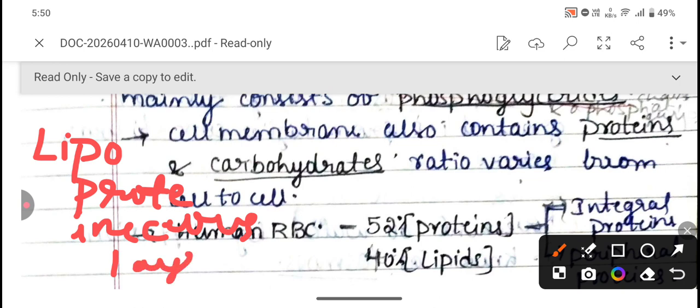The lipid, protein and carbohydrate composition in the cell membrane varies depending upon the type of cell, so the composition will not be the same for each and every type of cell in the body.